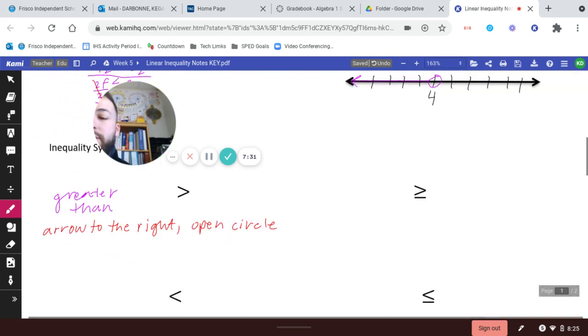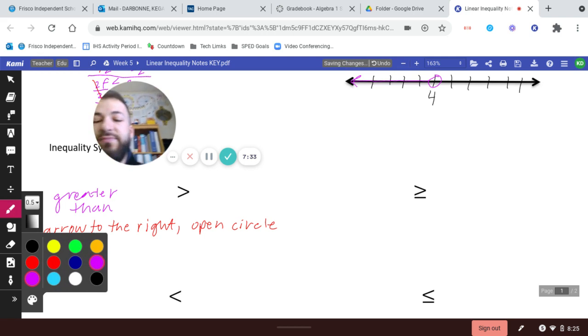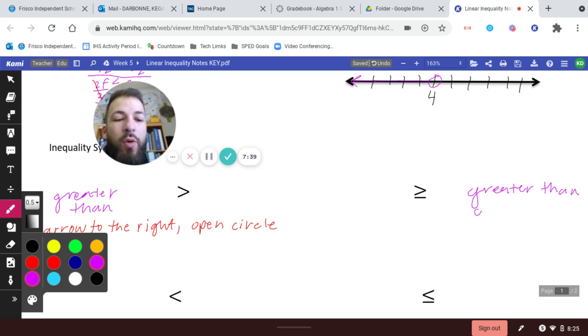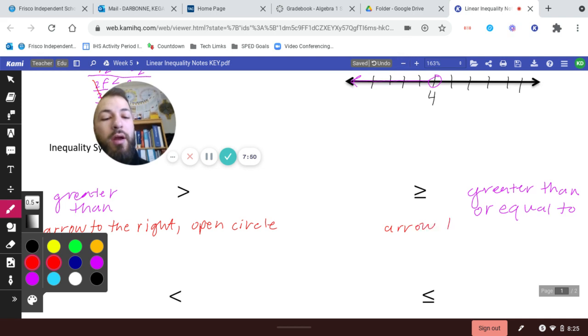Okay. Next one over is greater than or equal to. So when we add that little line underneath, that makes it equal to. And so this is still arrow to the right, but closed-in dot.